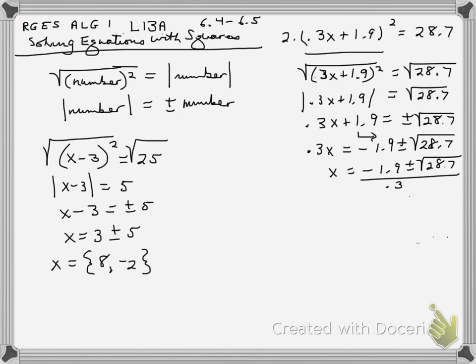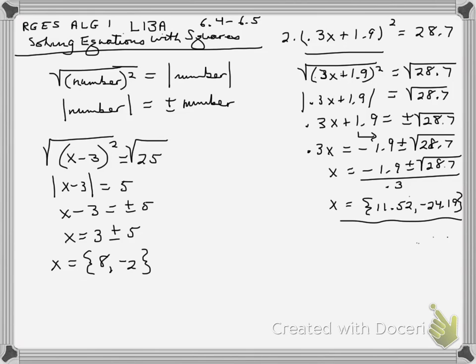Now at this point you would take out your calculator and crunch that out, and you should get numbers that are approximately 11.52 and negative 24.19. So go ahead and crunch that out and check yourself there.